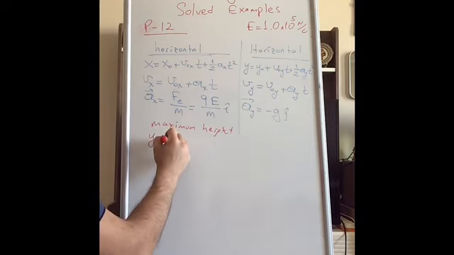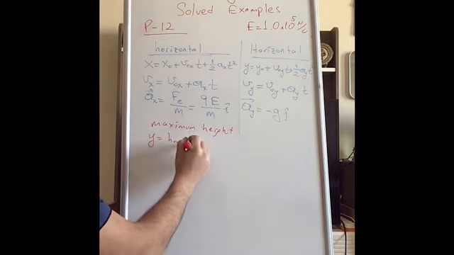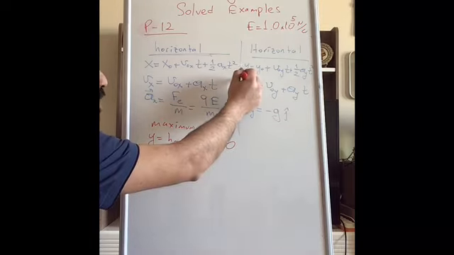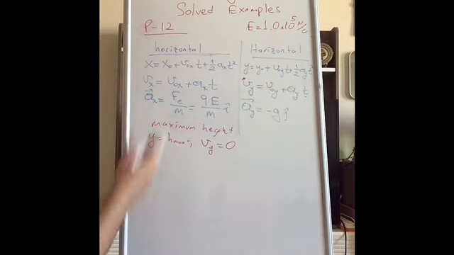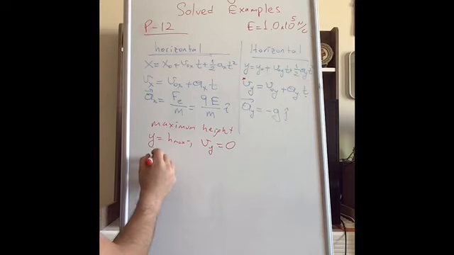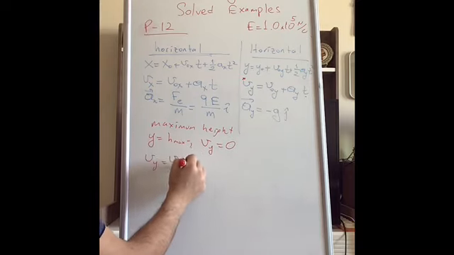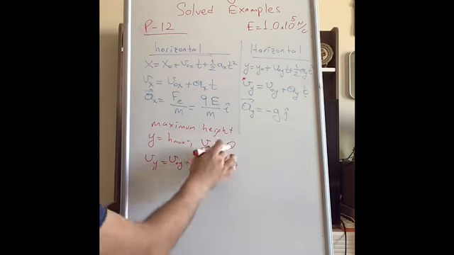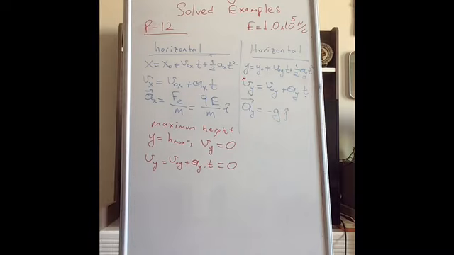When y is equal to h max, we know the y component of the velocity of the object will be equal to 0. All right, and from here, how can we find it? We can use that equation to find the time when it is going to reach the maximum height, and then use the time in this equation. So vy is equal to v0y plus ay times t, and it should be equal to 0 when y is equal to h max.